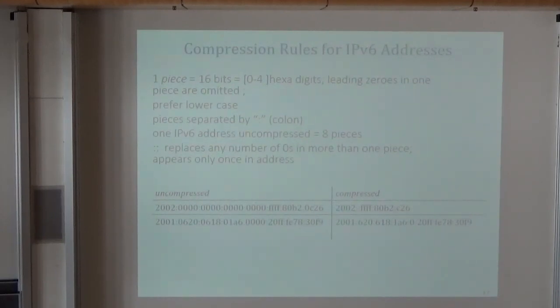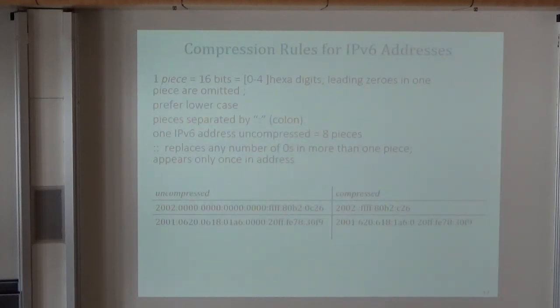IPv6 addresses are long, so there are some human-readable compression rules that have been standardized. It's important to know them, otherwise you might misunderstand an address. The rules are that you write them by blocks of 16 bits, which means 4 hexadecimal digits. Empty blocks can be omitted, and leading zeros can be omitted.